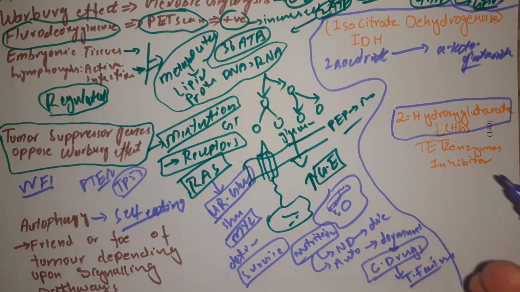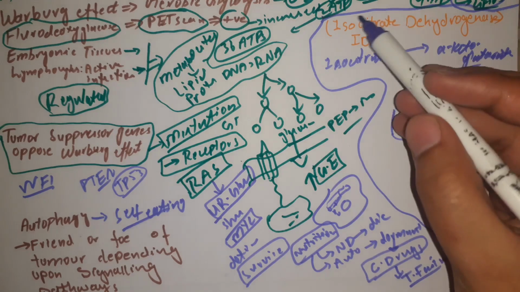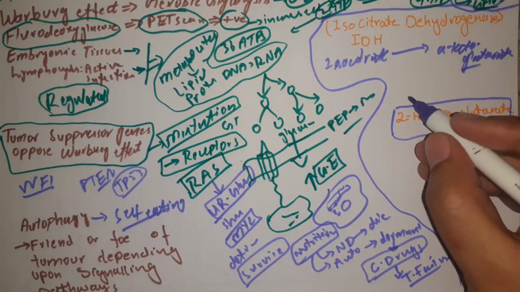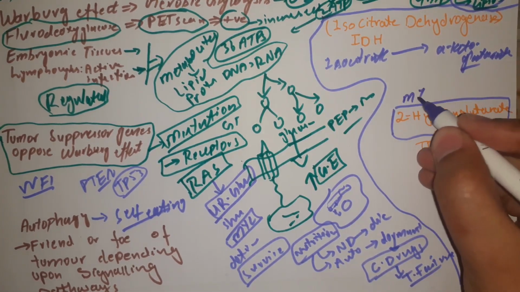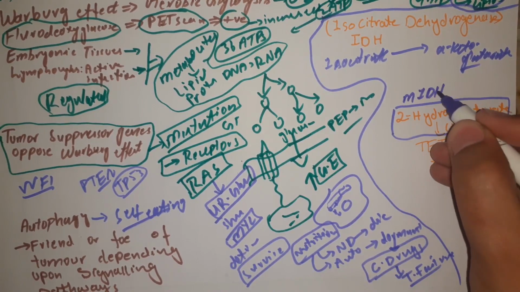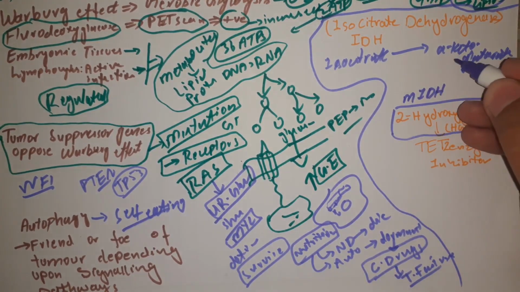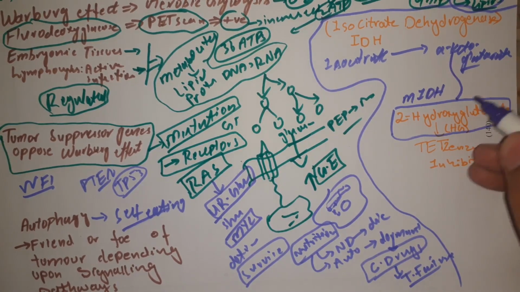However, in cancer cells, or in cells which are going to be neoplastic, there is a mutation in the isocitrate dehydrogenase enzyme, and when it gets mutated, the mutated isocitrate dehydrogenase converts alpha ketoglutarate to 2-hydroxyglutarate.